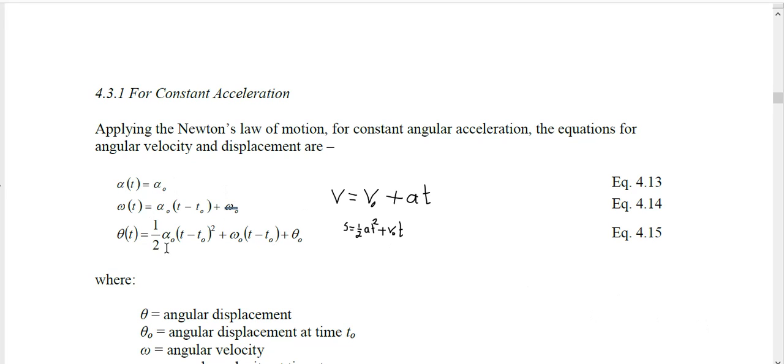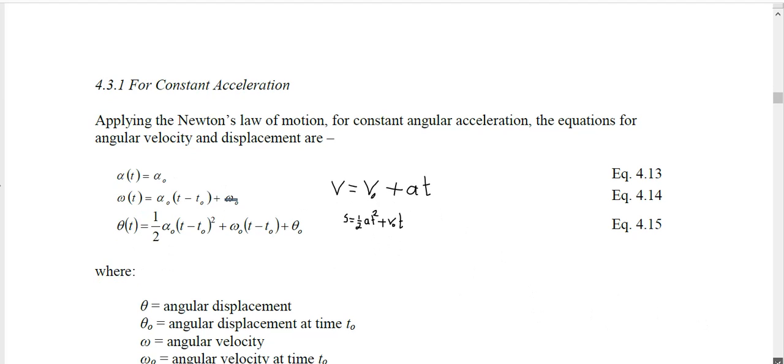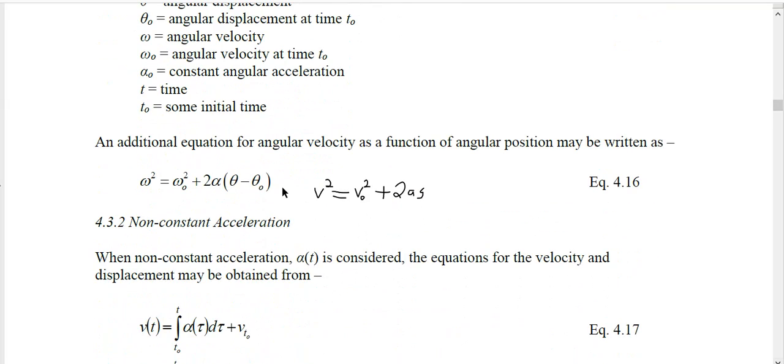Now same pattern of equation whatever we learned from linear. Another equation we saw in our linear kinematics, v square equals v naught square plus twice a s. Same thing here: omega square equals omega naught square plus twice alpha theta. Now I can write here theta minus theta naught, because theta naught means initial value.